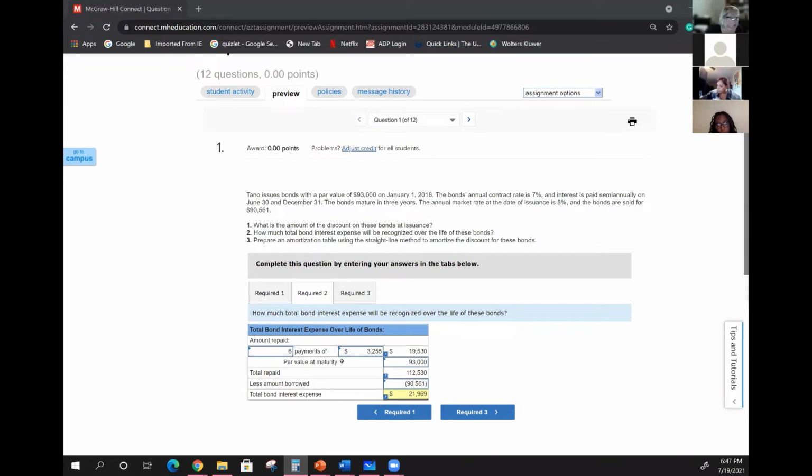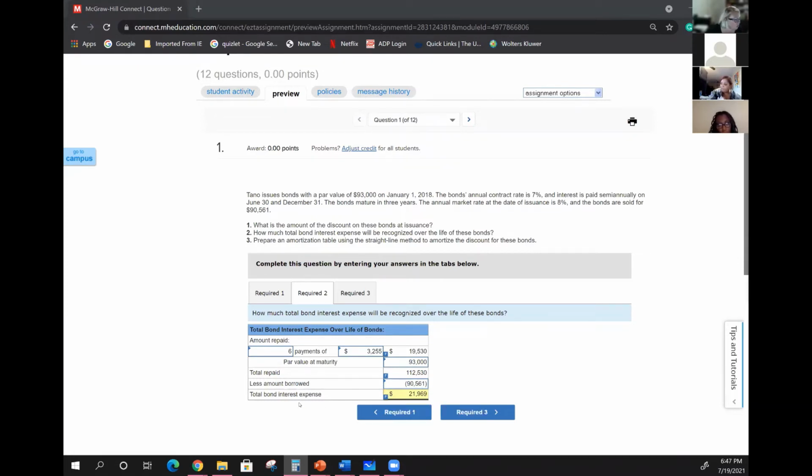So how much is that? $3,255 times 6 gives me my total that I'm spending on the interest for the life of the bond. And then I have my par value, $93,000. For the total repay, you add them together, which is 112,530, less the amount that I borrowed. Remember, I'm borrowing money from people that are buying the bonds, which is 90,561.